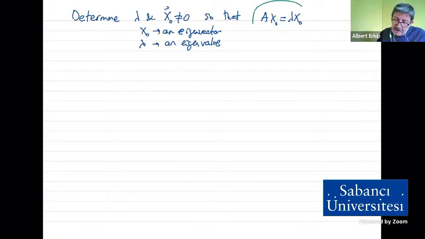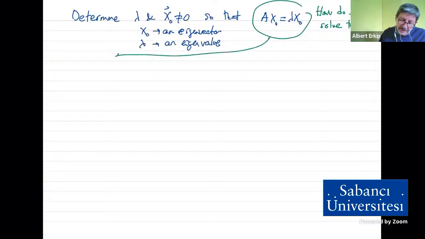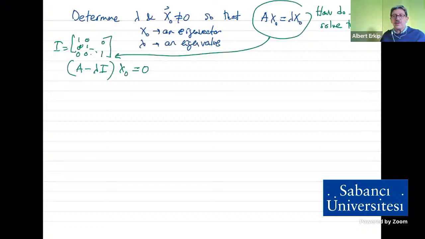Now, how do I solve this? Well, what I can do is take it to the left and write it as (A minus lambda times identity) x0 equals 0. Move everything to the left. The identity is the matrix with 1s on the diagonal and 0s elsewhere: 1 times identity times any vector is itself.